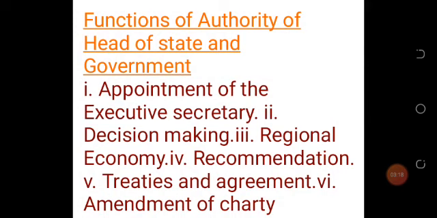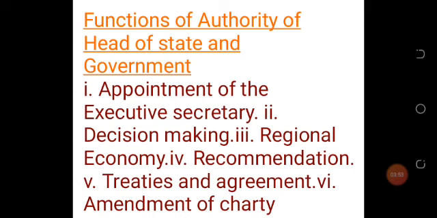And that function is recommendation. This body approves the recommendation of the Council of Ministers. What do I mean? The Council of Ministers is another organ. Then whatever they recommend is approved by the Authority of Head of State and Government.